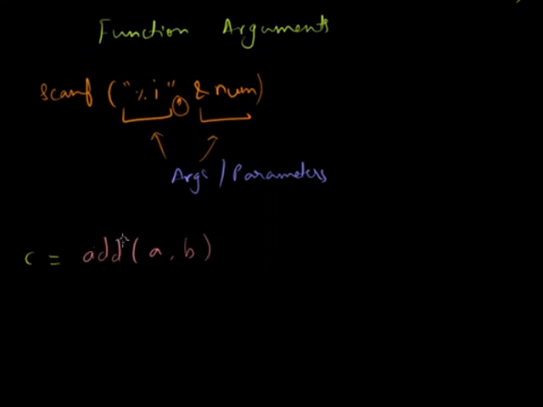So add(a, b) will return, and that will be assigned to c. This is a function call, right? Whenever add is called, it will return something after doing some operation, and that returned value would be an integer, right?